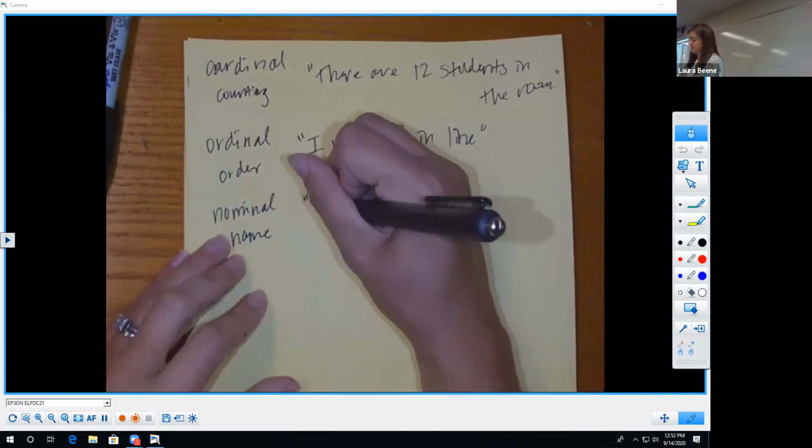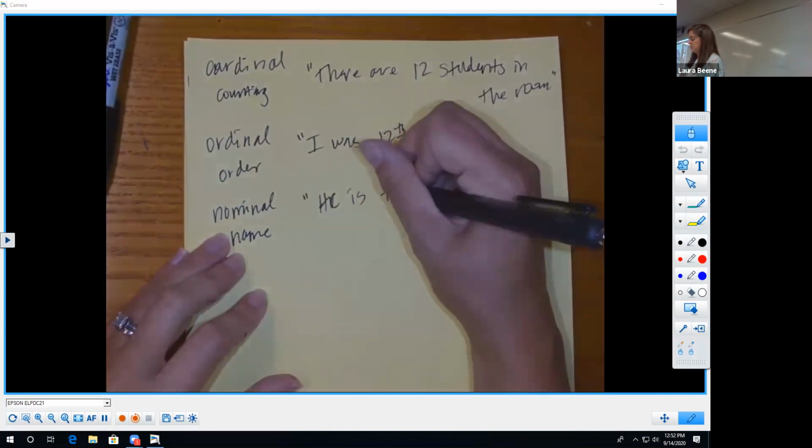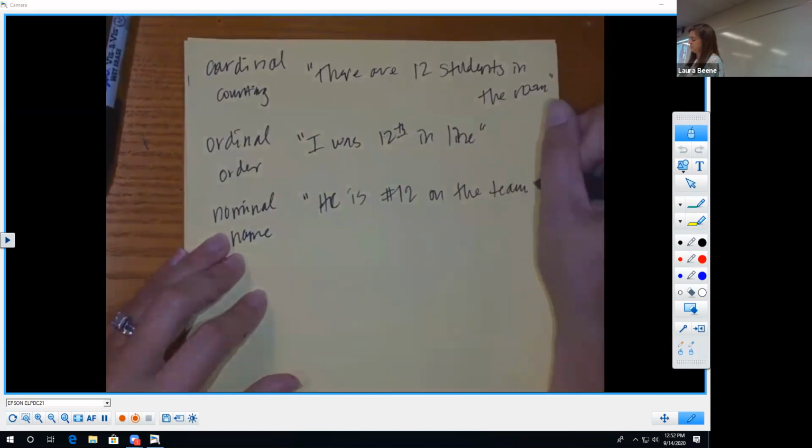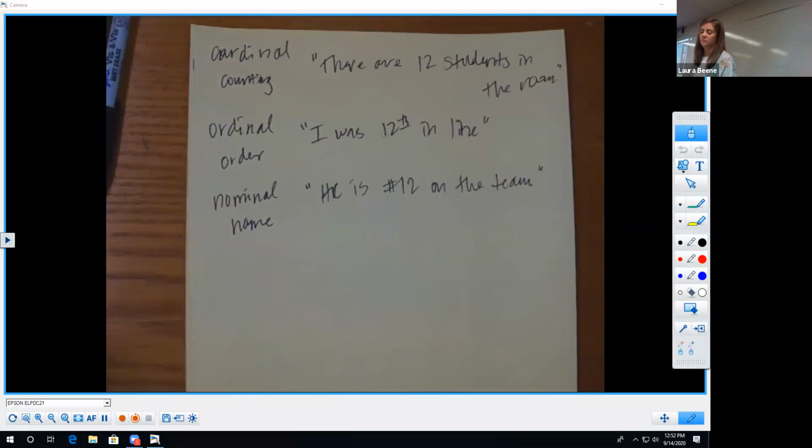He is number 12 on the team. You could also say, my ID number is 12. Your address is a nominal number. So I live at 12 Baker Street. Because 12, it's not like the 12th house there. It's not like you're counting up 12. It's just a number representing a location.